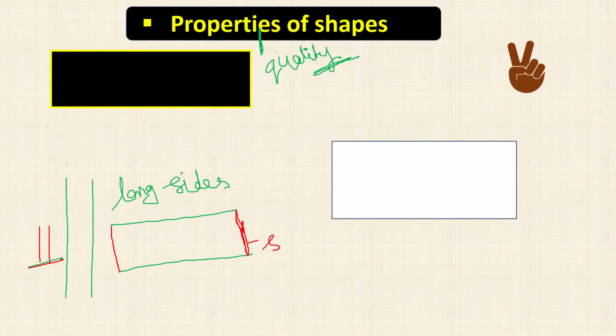All these words are helpful for understanding plane shapes, so give all your concentration here. Focus on my words. So the green one is a long side and the red one is a short side.